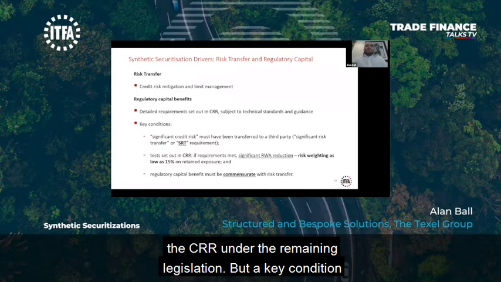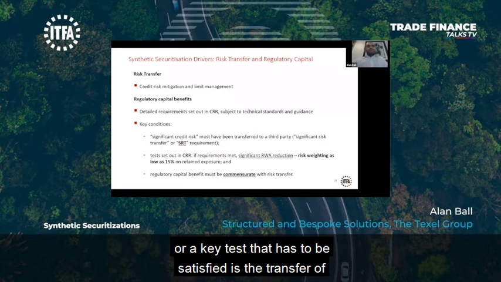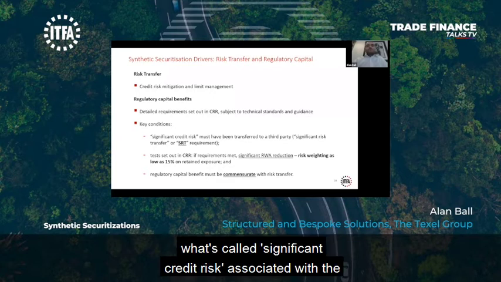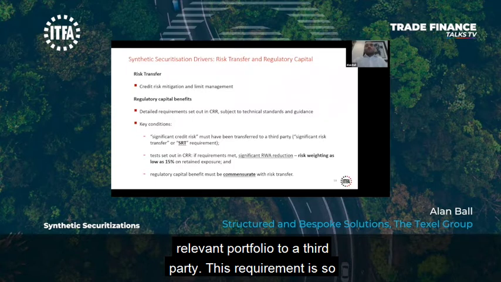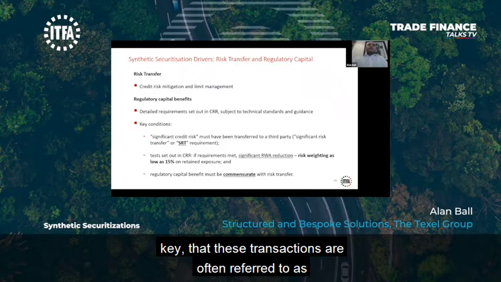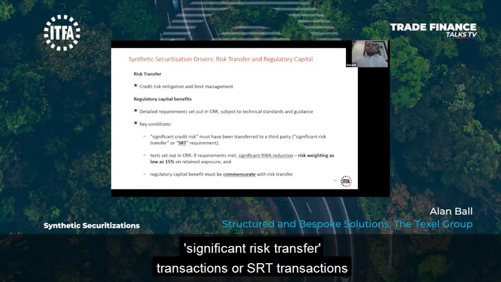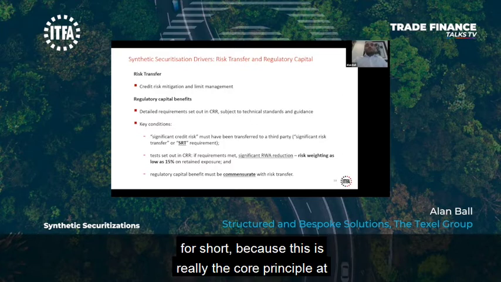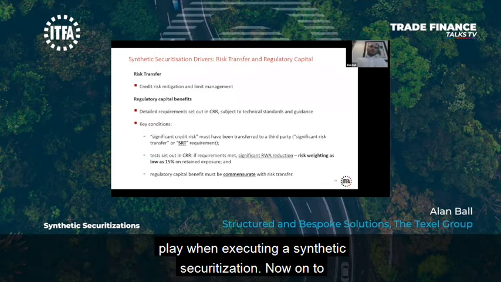But a key condition or a key test that has to be satisfied is the transfer of what's called significant credit risk associated with the relevant portfolio to a third party. Now this requirement is so key that these transactions are often referred to as significant risk transfer transactions, or SRT transactions for short, because this is really the core principle at play when executing a synthetic securitization.